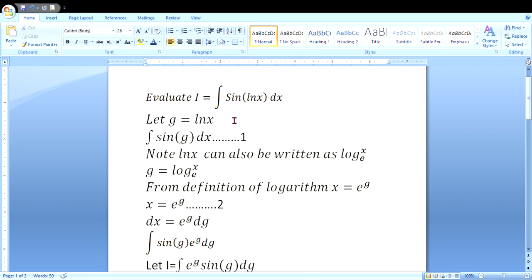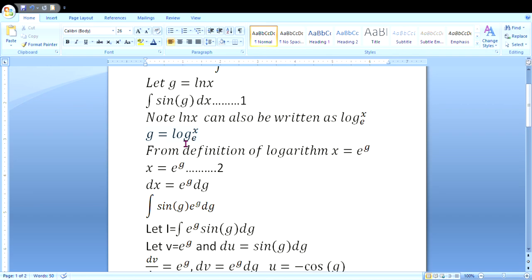Now we say let g is equal to ln x, so that this integral becomes the integral of sine g dx as equation 1. We also know that ln x can be written as log x to base e, which is a natural logarithm, so we now find an appropriate expression for x from g is equal to ln x.